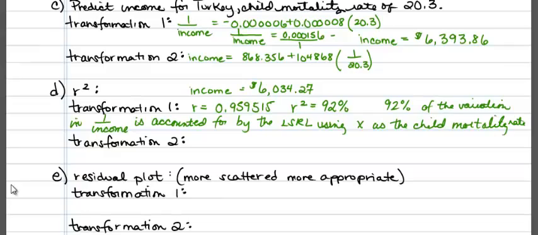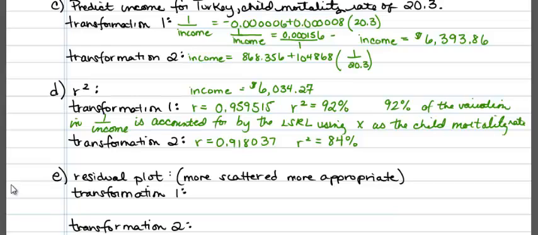When we look through transformation number 2, it was an R of 0.918037, which was about an 84% when you square it. So R squared is telling you kind of how strong of a connection this is.